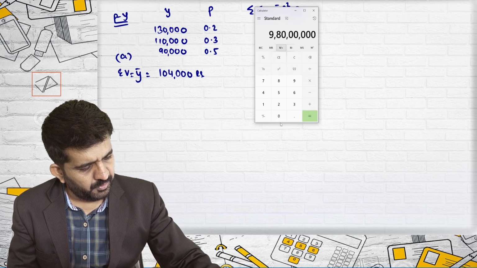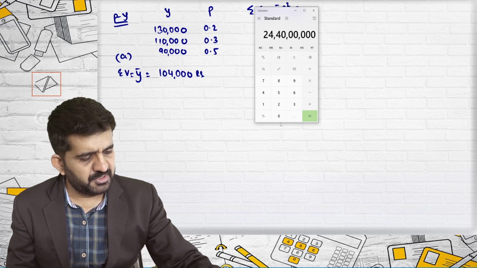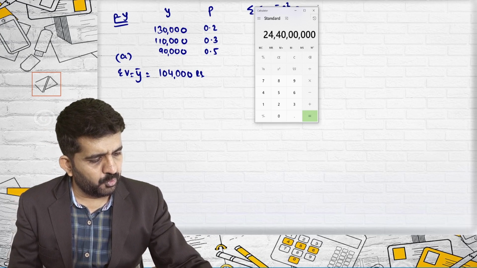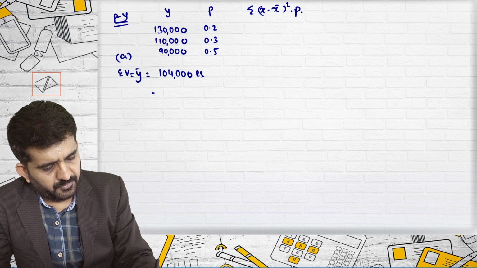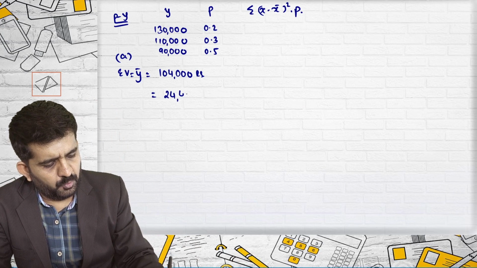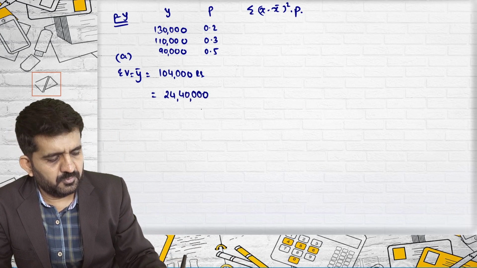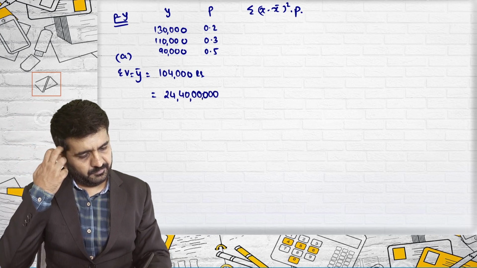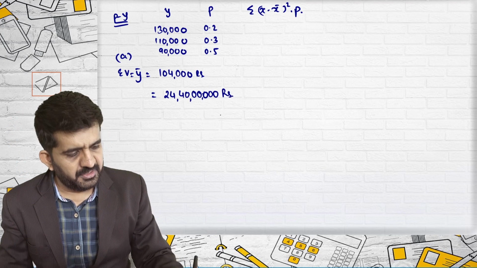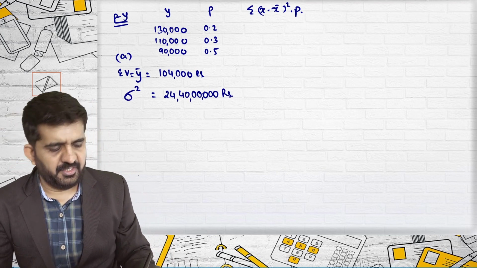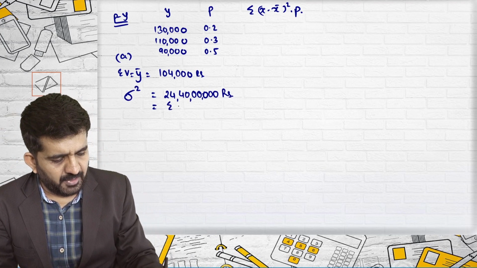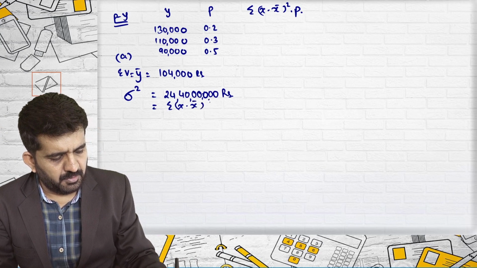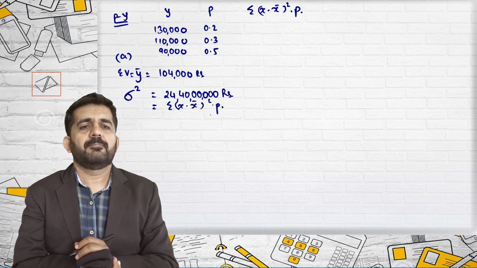The result is 24 crore 40 lakhs, which is nothing but the variance, which I found by sigma x minus x bar whole square into P.